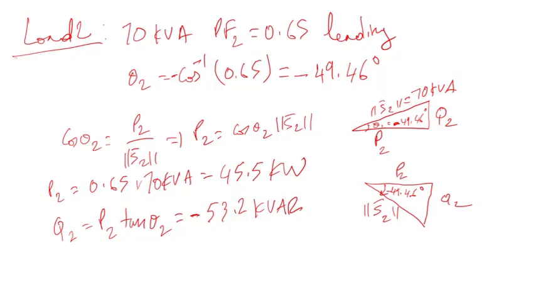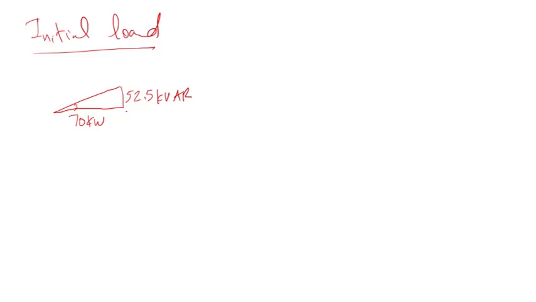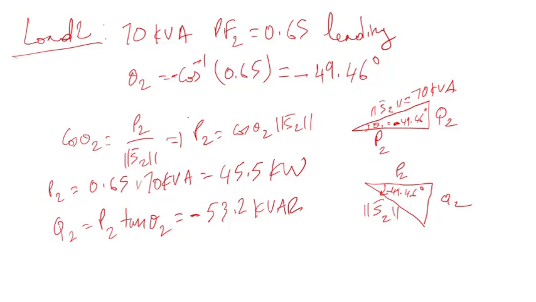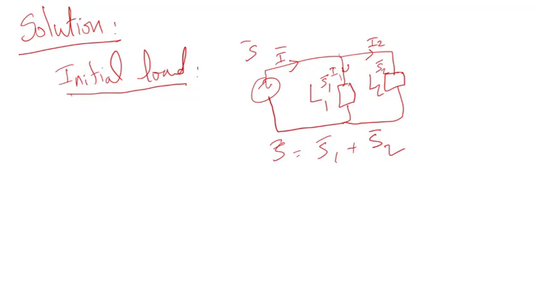Theta 1 is 36.87 degrees. What I'm trying to do here is, you have this sketch here: the total complex power S is S1 due to load 1 plus S2 due to load 2.